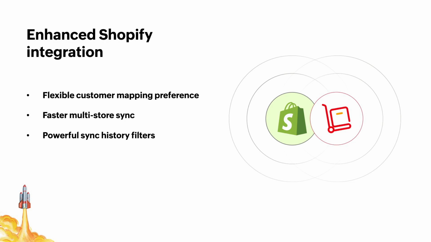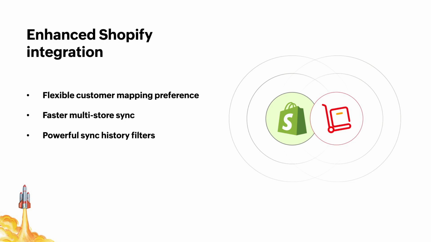We now have the option where you can have flexible customer mapping. That is, earlier we synced all the customers from Shopify as individual customers. We now have this option where you can choose to sync all customers from Shopify as a single customer.